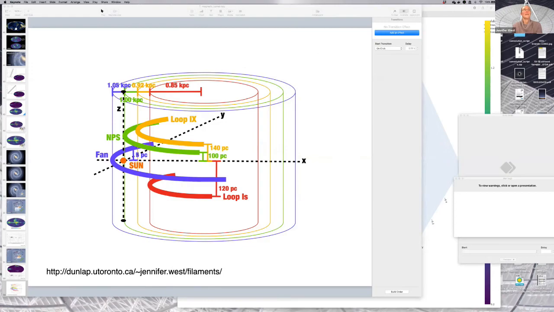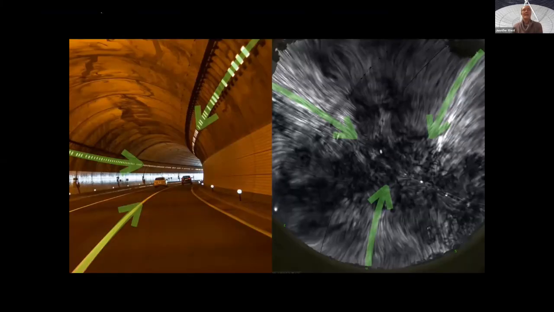And so that's where this idea of the tunnel in the sky came from, because these are curved lines and they're surrounding us. And if you look at the way, say, the lines of the lights and the road lines in this tunnel form, they actually have this appearance.